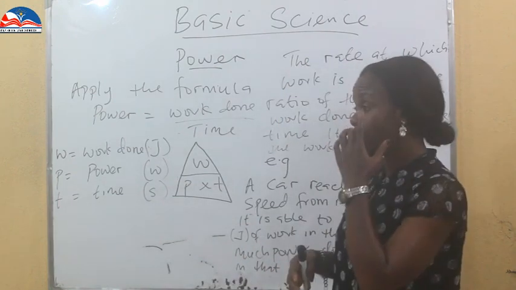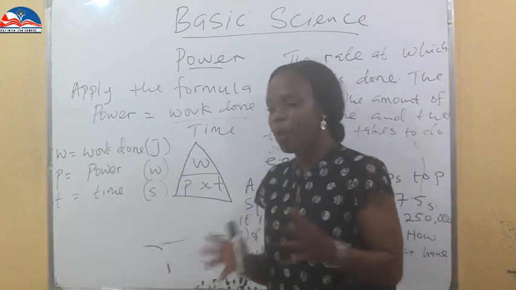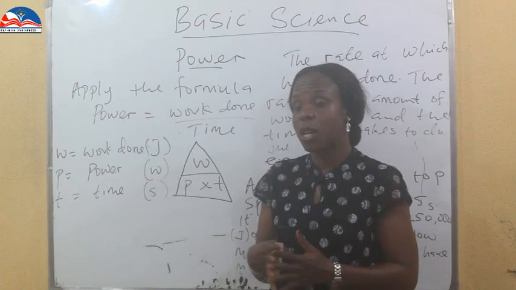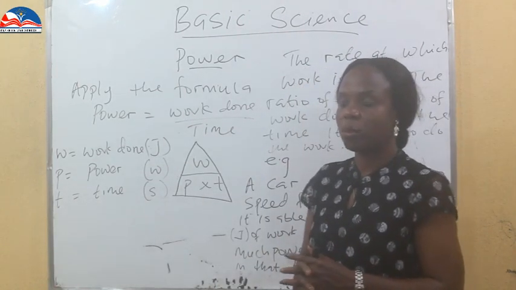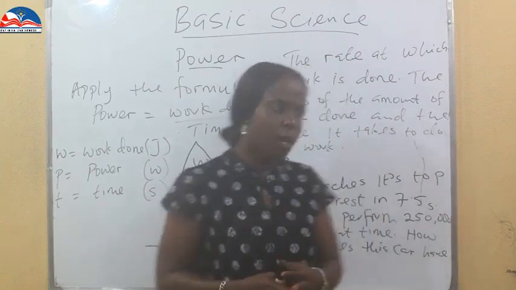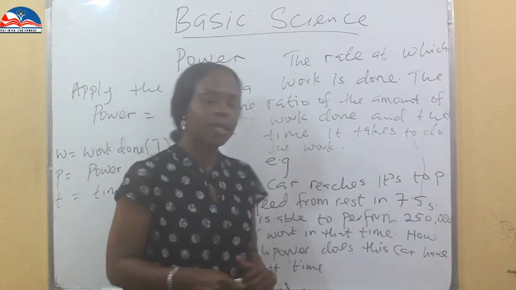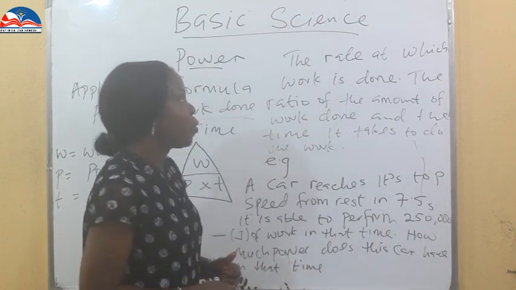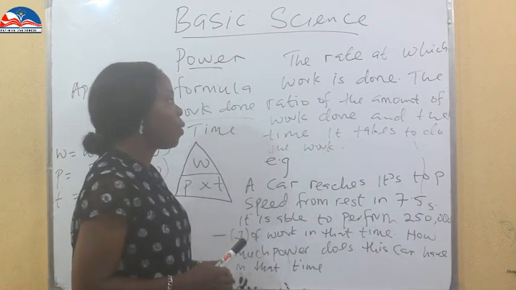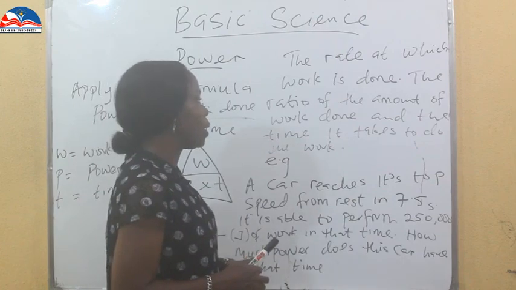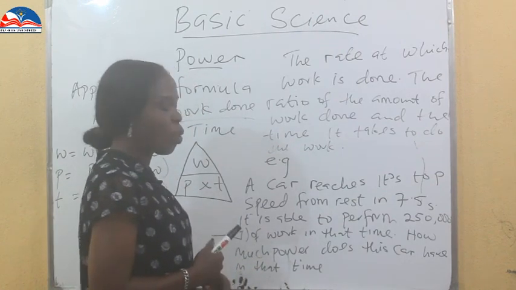Today we are going to talk about power. We have discussed power, but today we are going to see how we will apply this formula in our equation. But remember that I told you that power is the rate at which work is done. The ratio of the amount of work done and the time it takes to do the work.